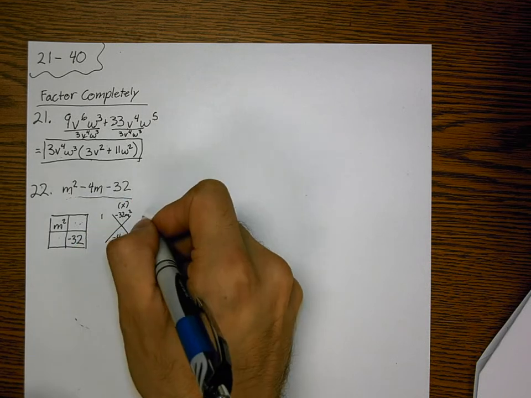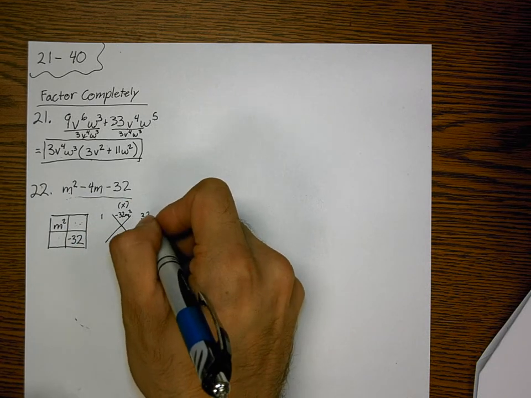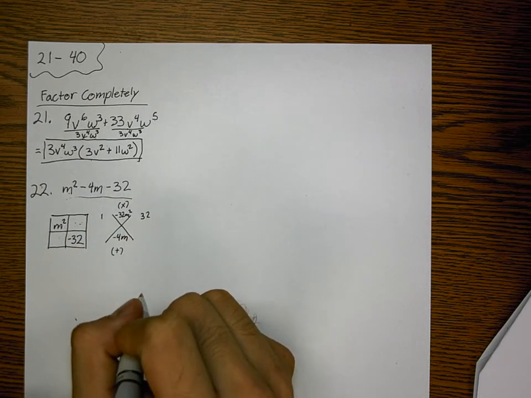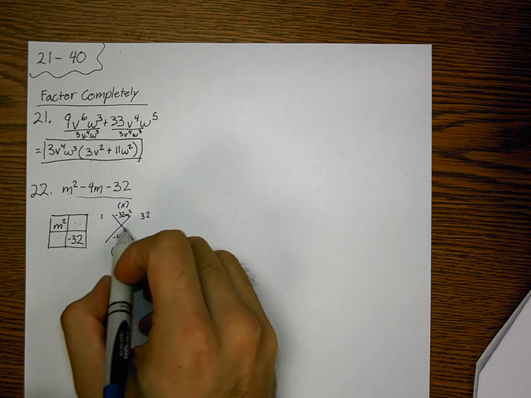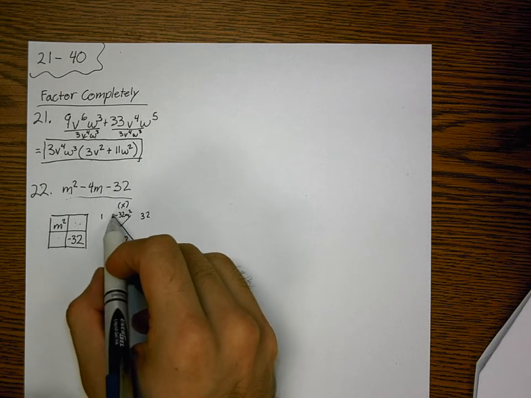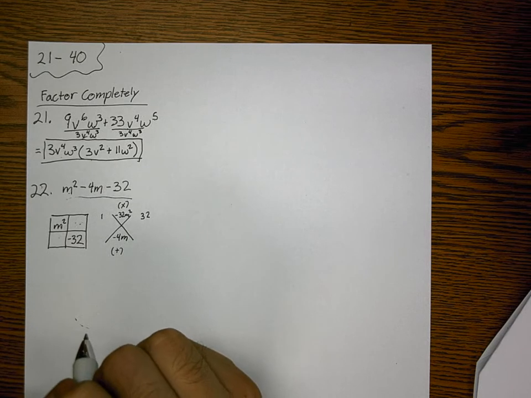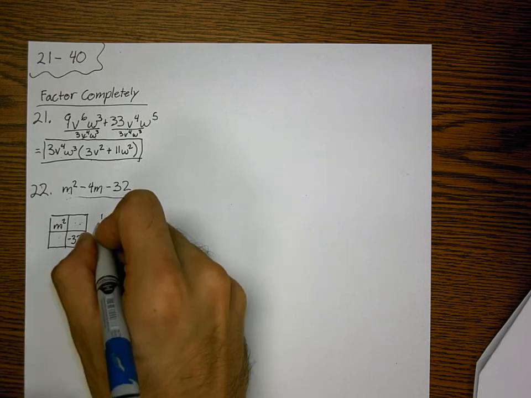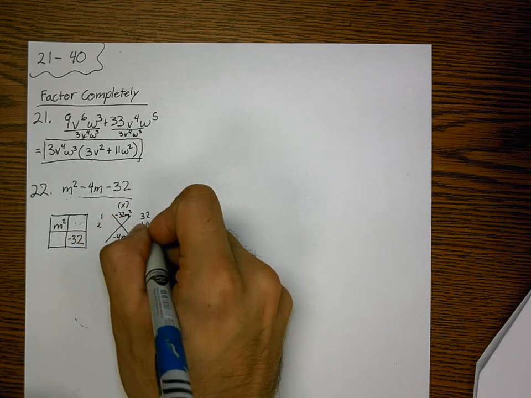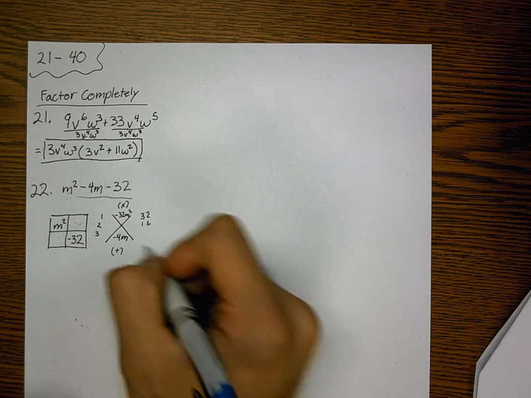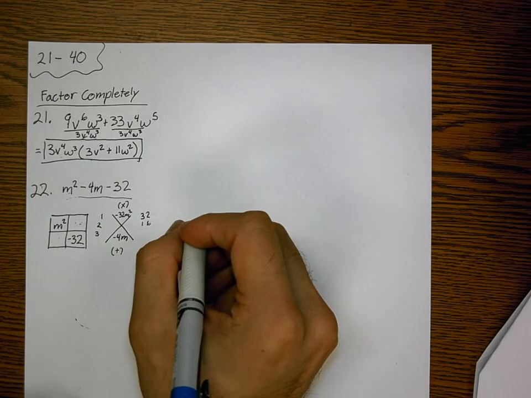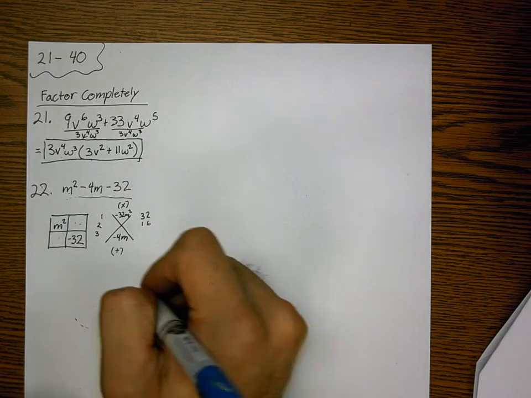So I list out all my numbers that multiply to 32. I'm going to hold off on which one's negative, because one of them has to be negative in order for them to multiply to a negative 32, right? But I'm going to just look at what makes 32. 1 and 32, 2 and 16, 3 and nothing. 3 actually doesn't work.